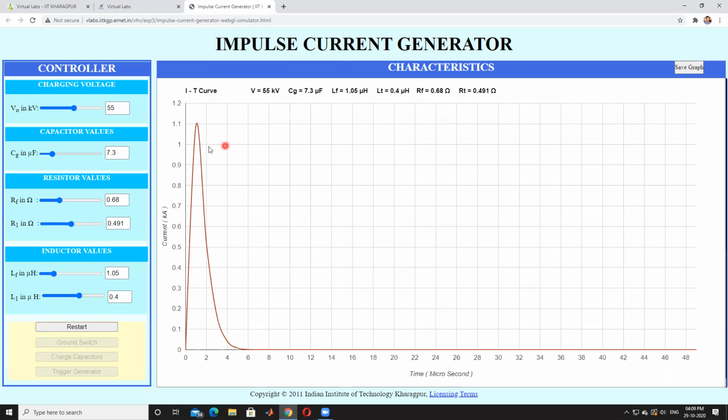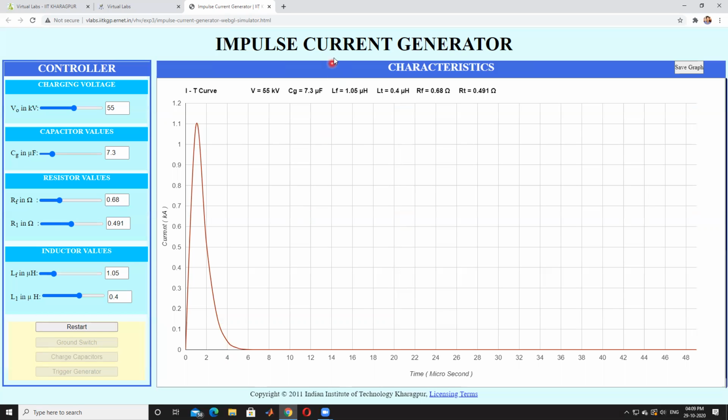Here the current is shown; approximately 1.1 kiloamperes is generated during the transient condition. This time is approximately 1 microsecond. This is the wave front time and this is the wave tail time.